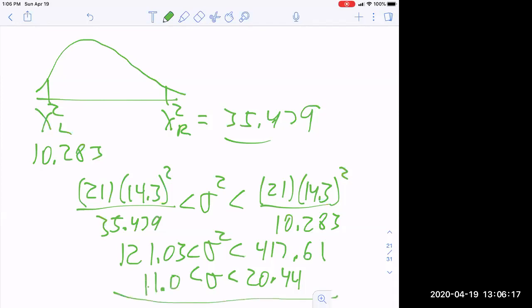So you know how to finish this with a conclusion: we're 95% confident that the true value of the standard deviation of IQ scores lies between 11.0 and 20.44. In our meetings, the first meeting of the week, I'll do a couple of problems of this from the book, but that's chi-squared in a nutshell.